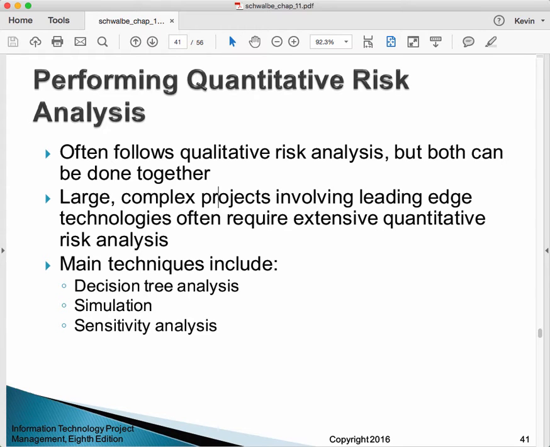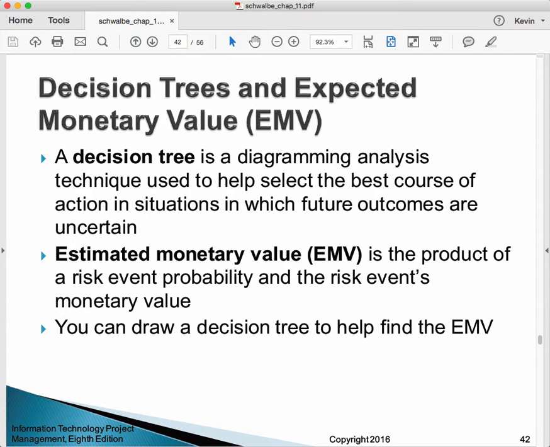Okay, so why don't we begin with decision trees and expected monetary value. Now, before I learned about this, I learned about expected monetary value when I went to business school back in the late 1970s. And in the business where I was working, we had a number of decisions that came up that we didn't know how to analyze.